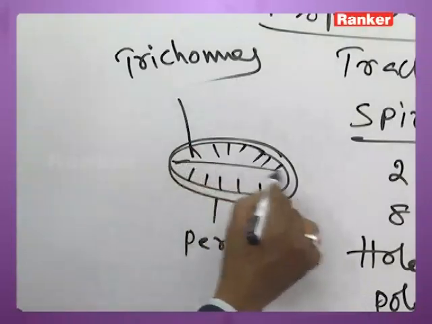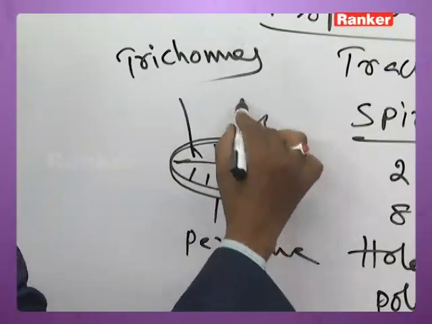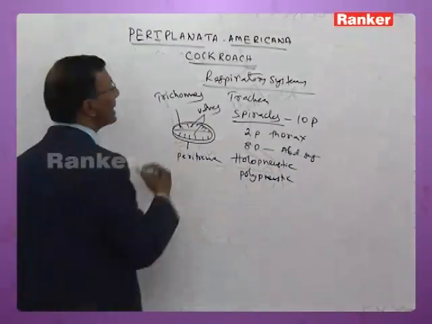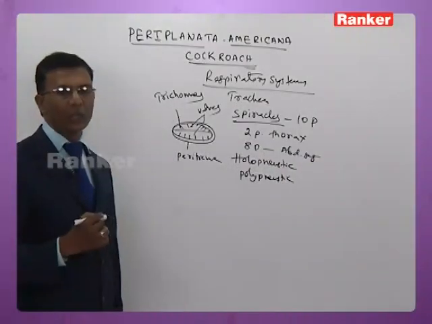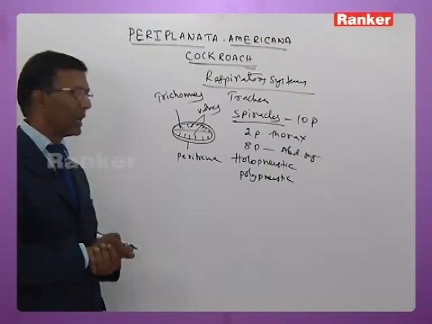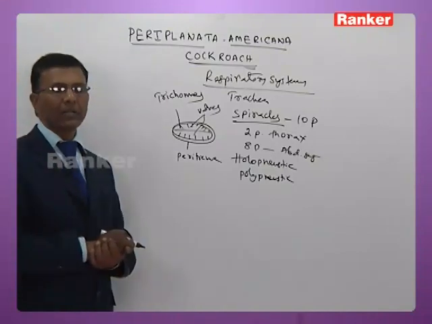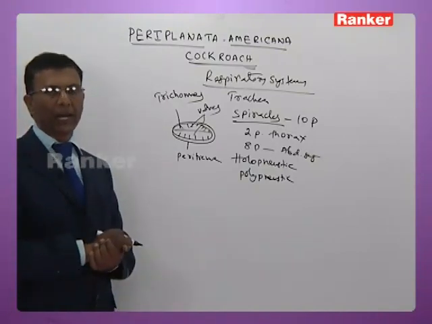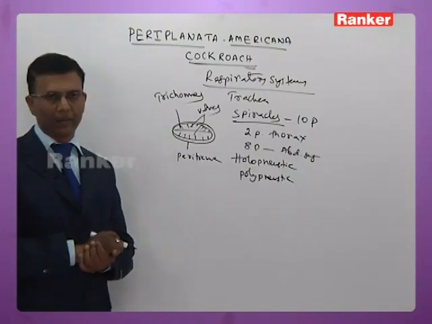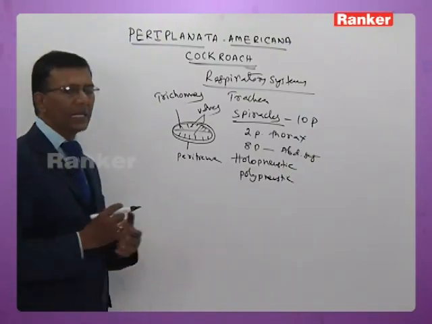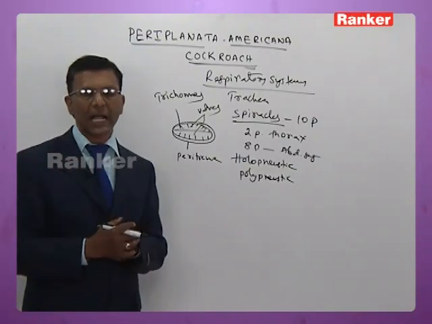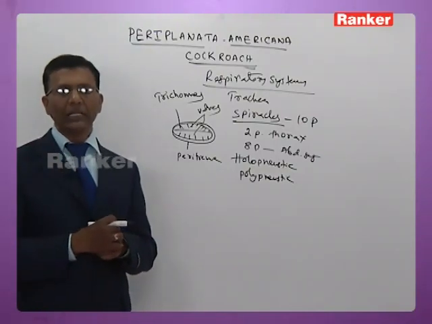Each spiracle is guarded by a pair of spiracular valves which help in opening or closing of the spiracle during respiration. The spiracles are embedded in the pleural plates of thorax and abdomen. The spiracles open into a sac-like structure called atrium, which in turn opens into the trachea.